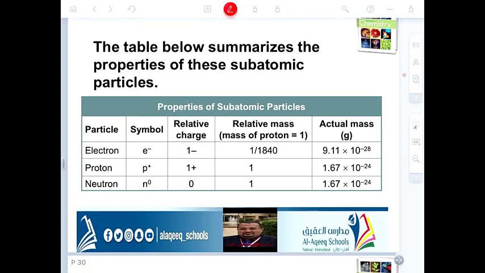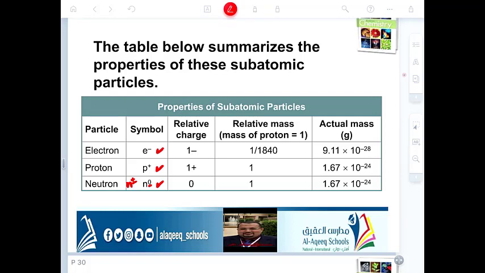Look at this table to summarize all of this information. Electron has the symbol e, proton p, and neutron n. These are the symbols for each of them. What about relative charge?